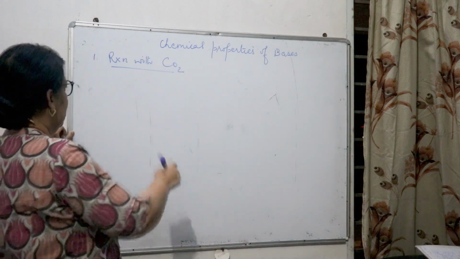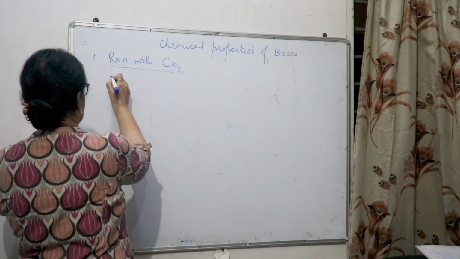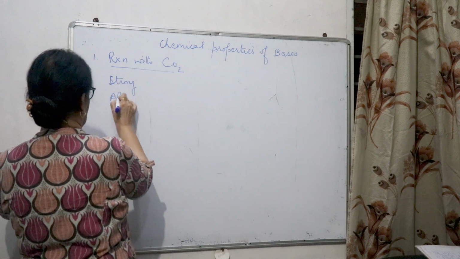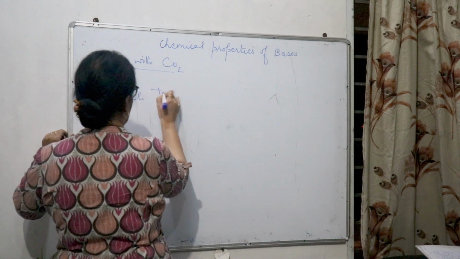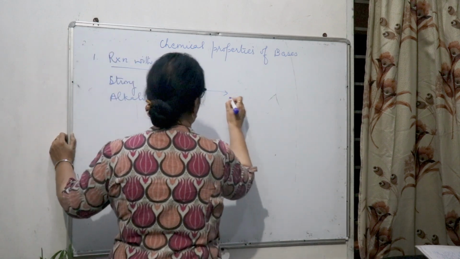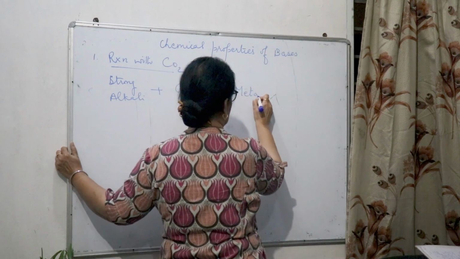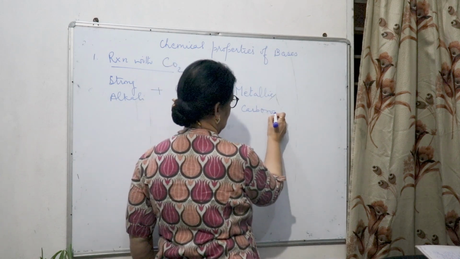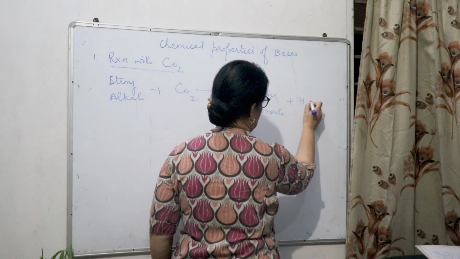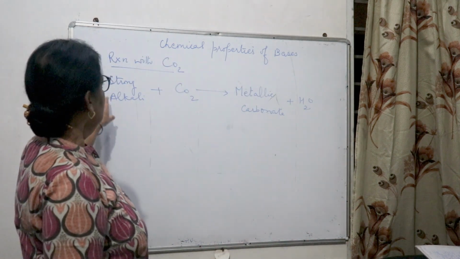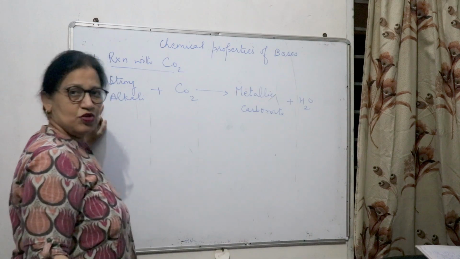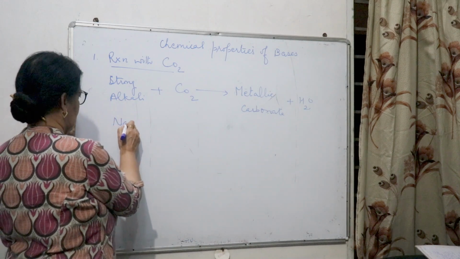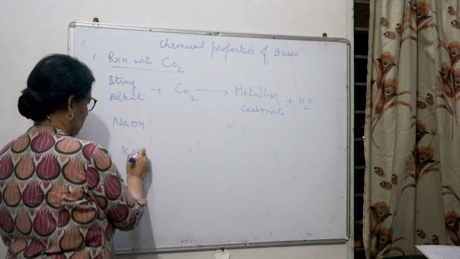Reaction with carbon dioxide. Here we'll take the strong alkali plus carbon dioxide, that will give metallic carbonate plus water. Two strong alkalis I gave you in my previous lecture, that is sodium hydroxide and potassium hydroxide.